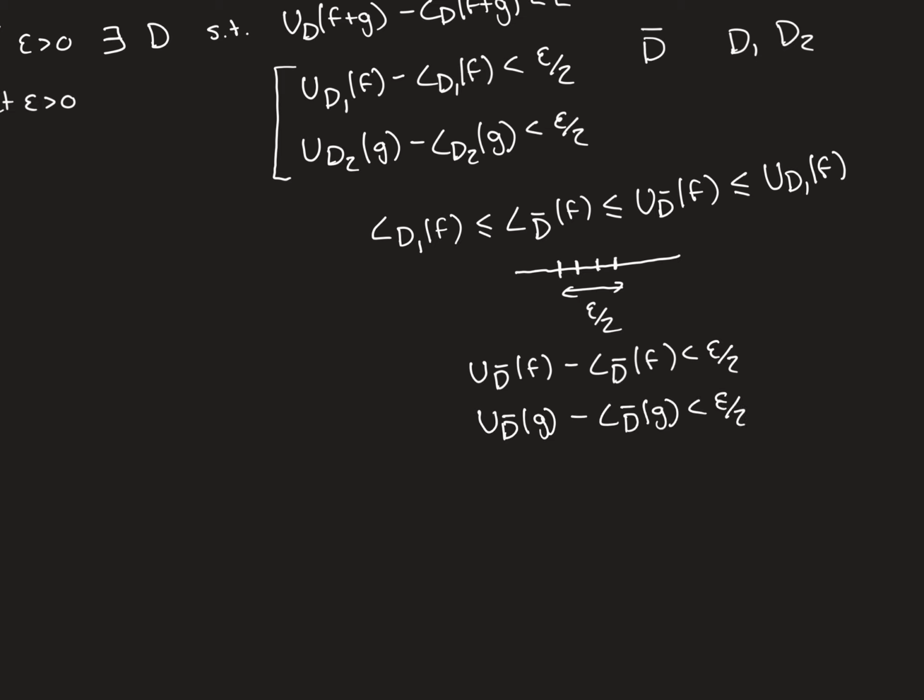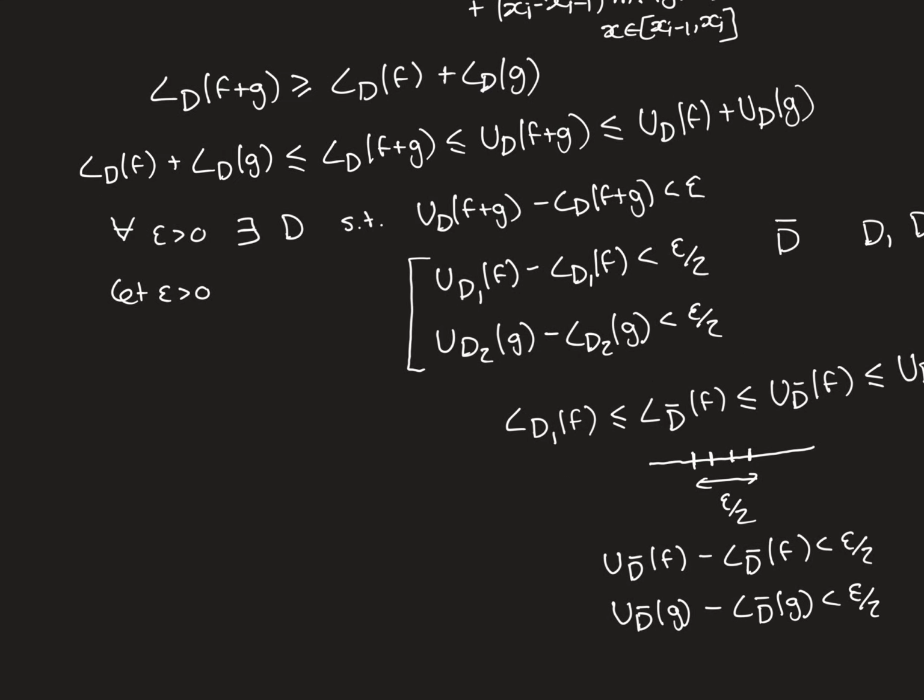And now we're ready to combine them all together. So d bar is going to be the magic dissection that makes the gap between the upper Riemann sum and the lower Riemann sum of f plus g less than epsilon.